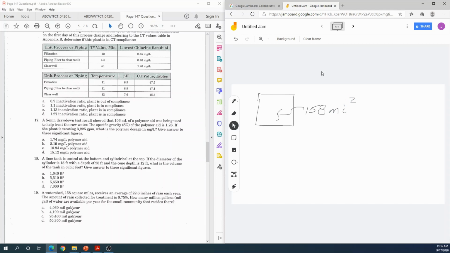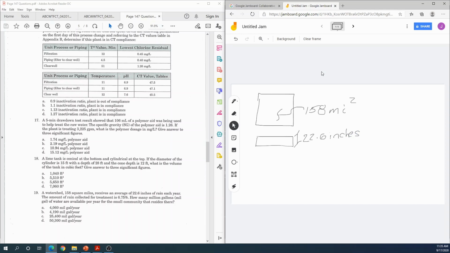Now, it receives an average of 22.6 inches of rain each year. So now, this is essentially going to be a box that's 158 square miles in area. And if we look at it in section view, our height of this box is going to be 22.6 inches.